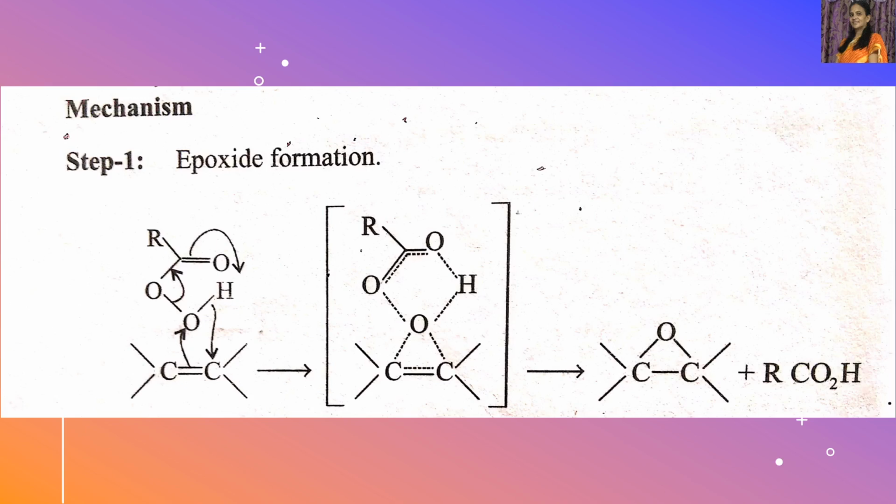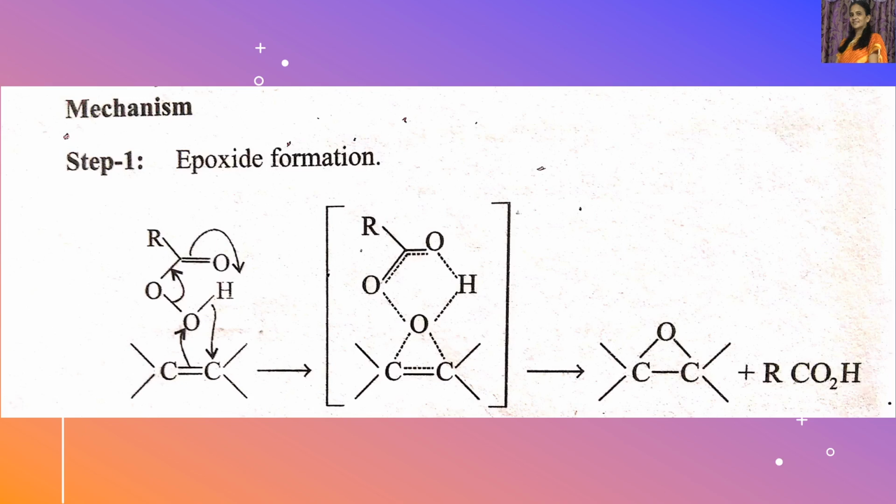This is RCO3H, the peracid. This oxygen is extra; otherwise, it is nothing but an acid. RCOOH is a carboxylic acid. Here, one oxygen is extra, therefore it is called a peracid.